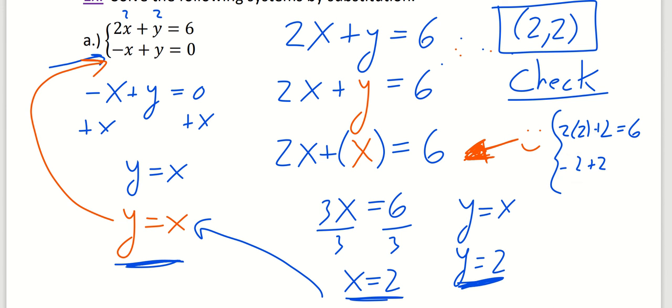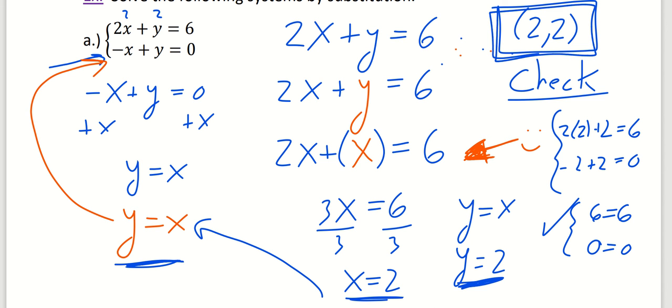Negative 2 plus 2 equals 0. 2 times 2 is 4, plus 2 is 6, so we get 6 equals 6. And in the second one, we get negative 2 plus 2, which is 0, so we get 0 equals 0. Plugging that ordered pair in, it satisfies both equations simultaneously. So that proves that (2, 2) is a solution to our system.